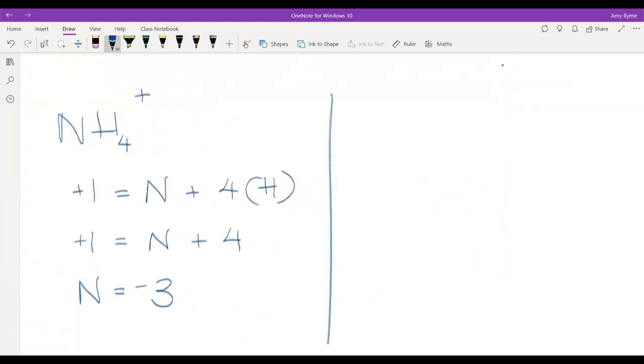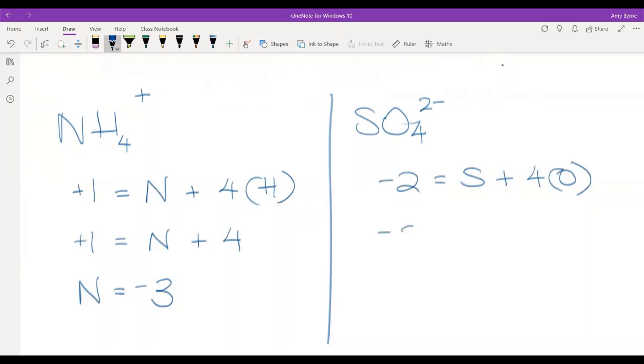Let's look at the sulfate ion, SO4 2-. So -2 is going to equal sulfur plus 4 times oxygen. My oxygen is, by convention, unless it's bonded to other oxygens or has a halogen attached, a fluorine more specifically, 4 times -2, which gives us -8. So sulfur is going to have a +6 oxidation state in this compound.